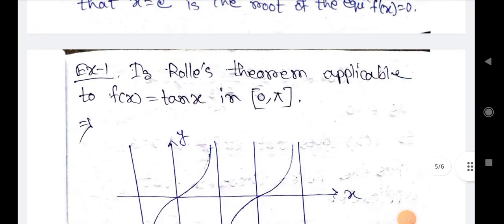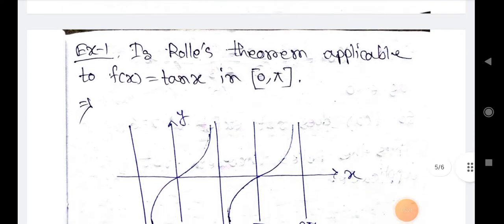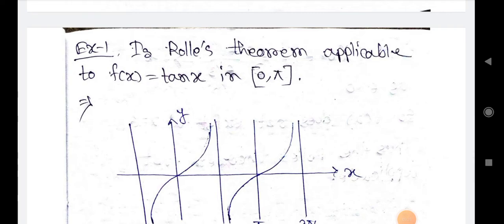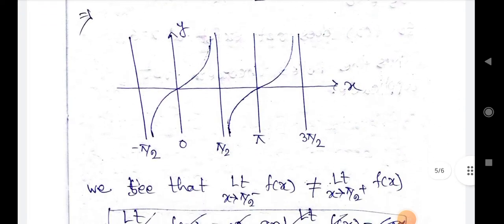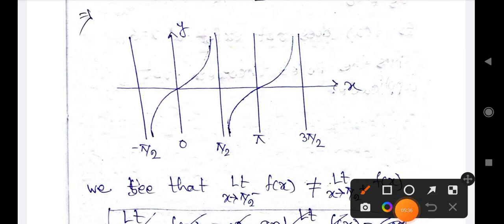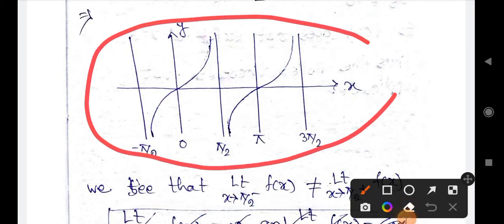Now start with examples. Example 1. Is Rolle's theorem applicable to f(x) equals tan x in the closed interval 0 to pi? This is the tan x graph.